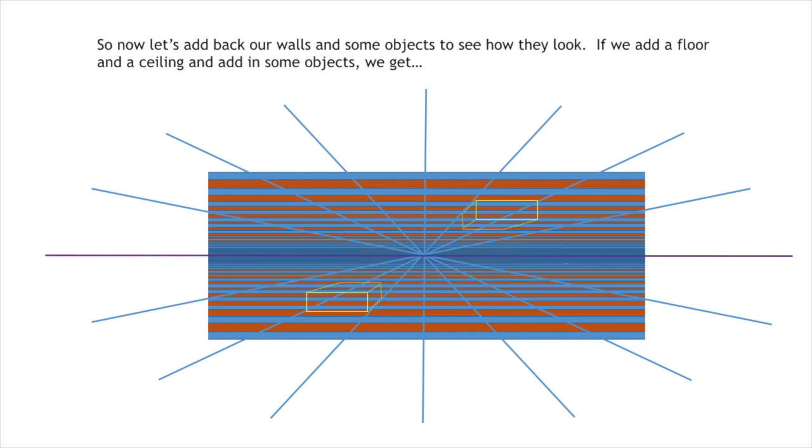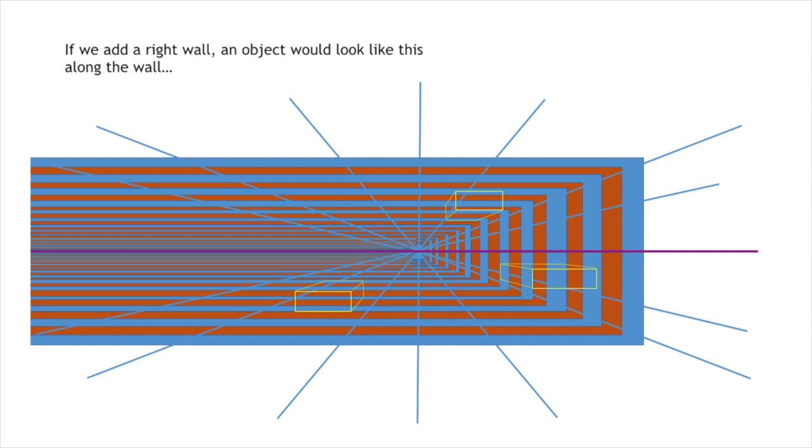So now let's add back our walls and some objects to see how they look. If we add a floor and a ceiling, we get something like this. So we're starting to build back our corridor here and see how objects would align themselves when placed within these lines. If we add our right wall back again, an object would look like this along the right wall.